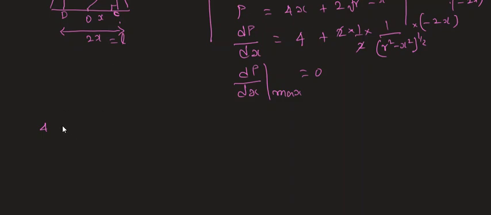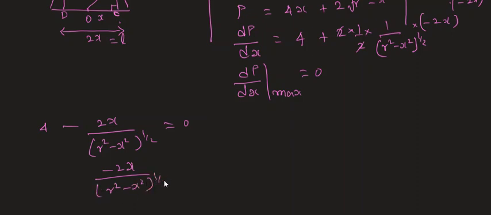So 4 minus 2x divided by r squared minus x squared whole power 1 by 2 is equal to 0. Therefore minus 2x divided by r squared minus x squared whole power 1 by 2 is equal to minus 4. So minus of minus is plus.